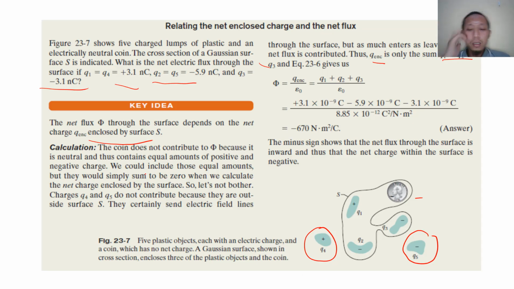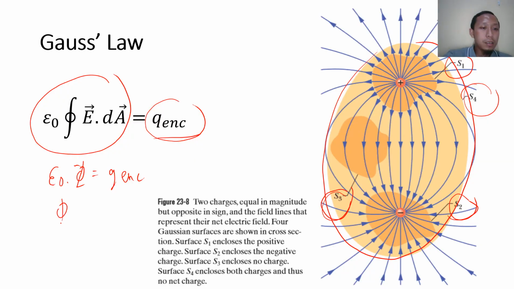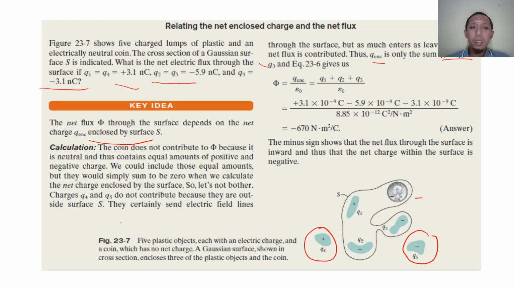So the flux is q enclosed per epsilon zero. So we use this equation here. In the surface we have Q1, Q2, and Q3. So Q1 plus Q2 plus Q3 per epsilon zero.